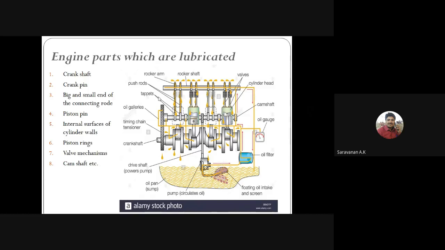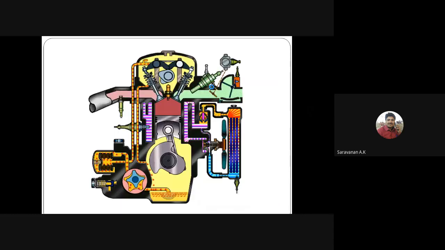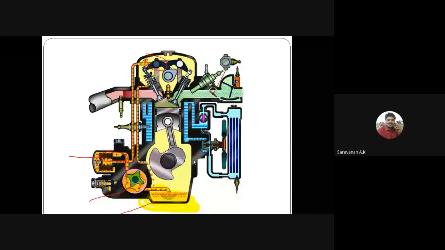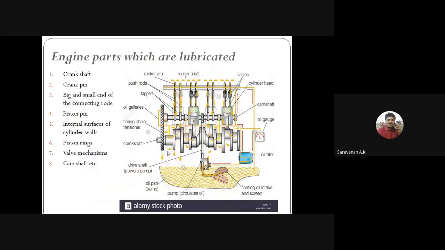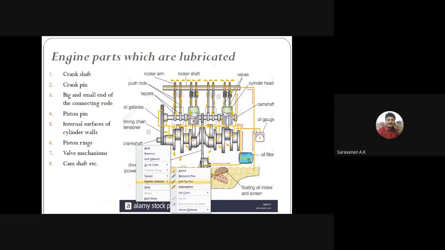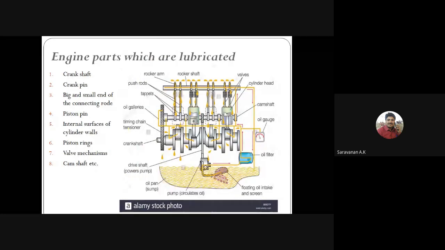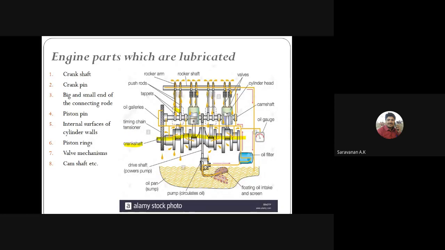So here we have the crankshaft, and the engine parts, the cylinder. In the cylinder, in the valves, inlet valve and outlet valve, we will have lubricating oils.